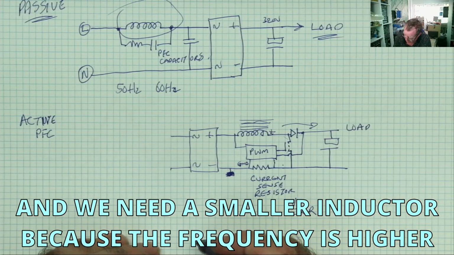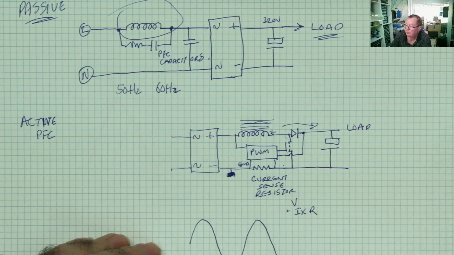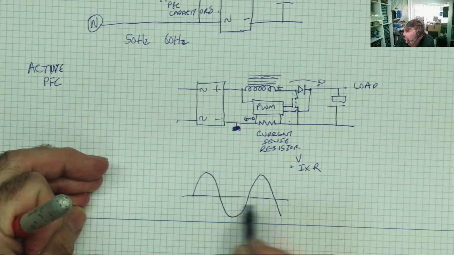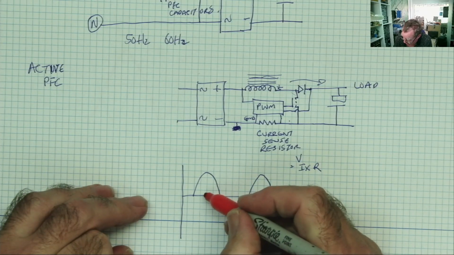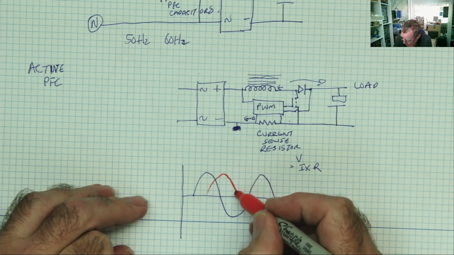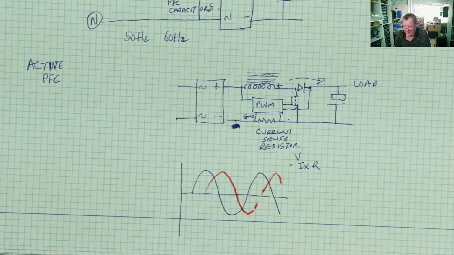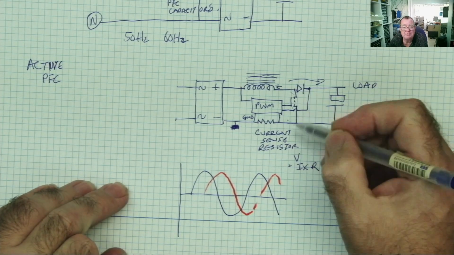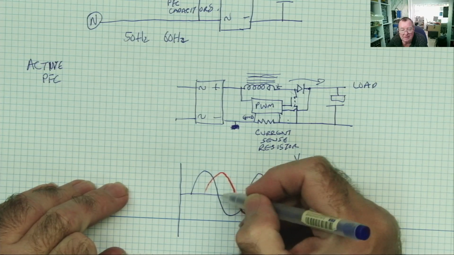So what we have with this circuit is a very high frequency switch and an inductor. What it's actually doing is two things. First of all, instead of having the situation where we have the current lagging the voltage by 90 degrees, okay, what we have now is this MOSFET switching on and off hundreds of thousands of times within that waveform.